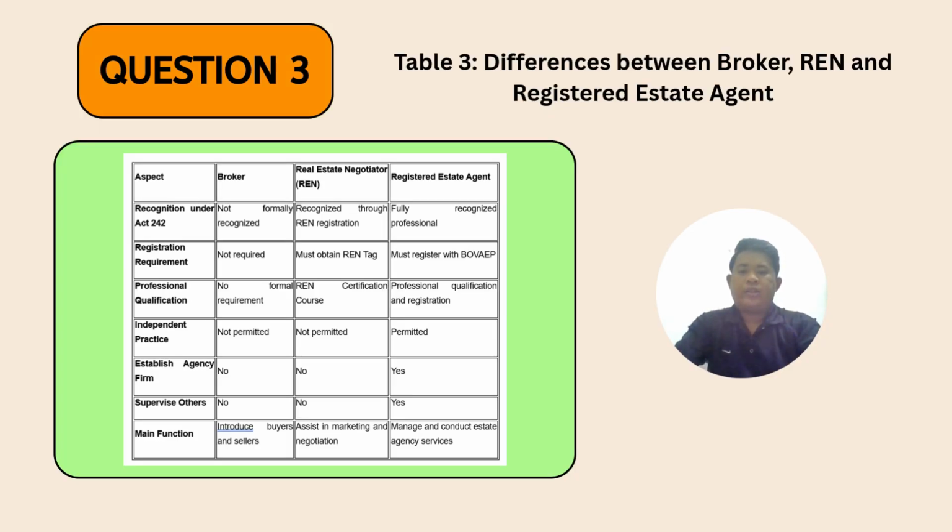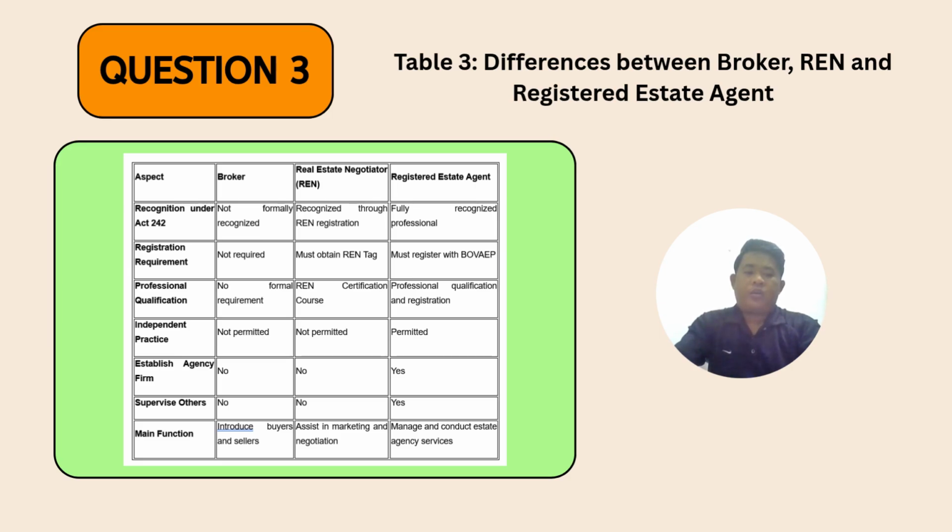Lastly is table 3: differences between broker, REN and registered estate agent. In Malaysia, the real estate agency profession has a few different layers, with practical people doing similar but not exactly the same work.